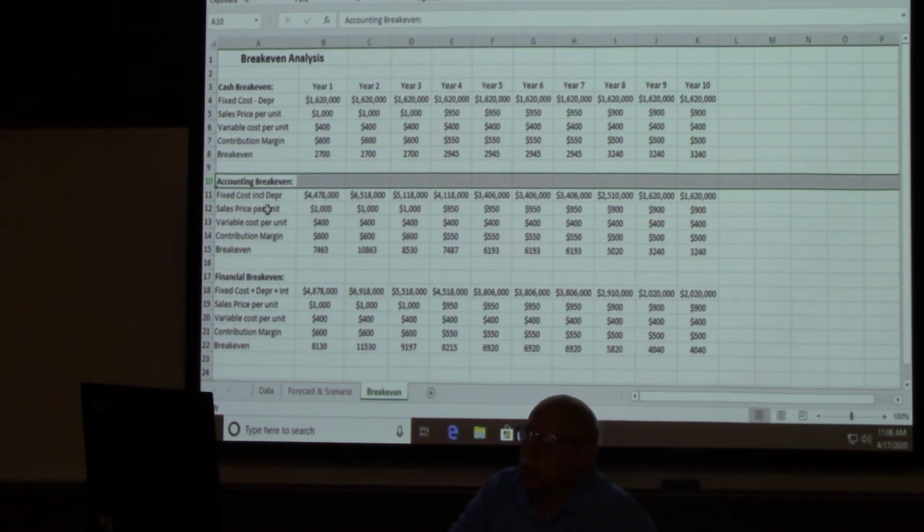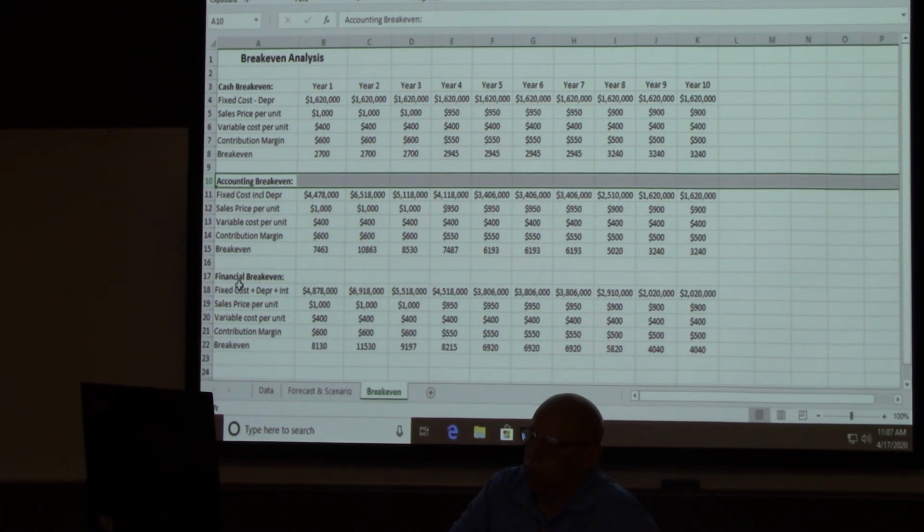The sales price stays the same, or the schedule of sales prices. The variable cost stays the same. The contribution margin stays the same for all 3 of these. What changes is what's included in the numerator. Under cash break-even, depreciation is not in there, just your fixed cost plus your rent. Under accounting break-even, your fixed cost plus your rent plus your depreciation.